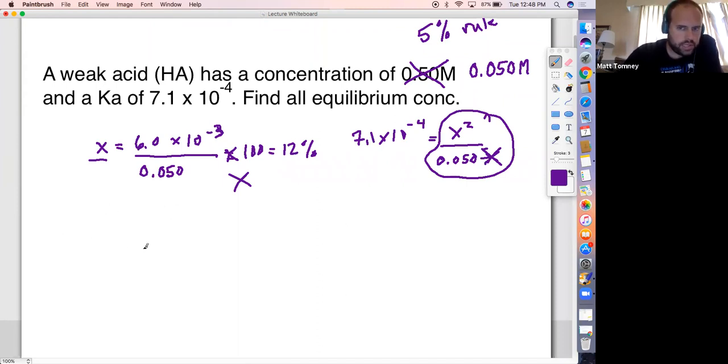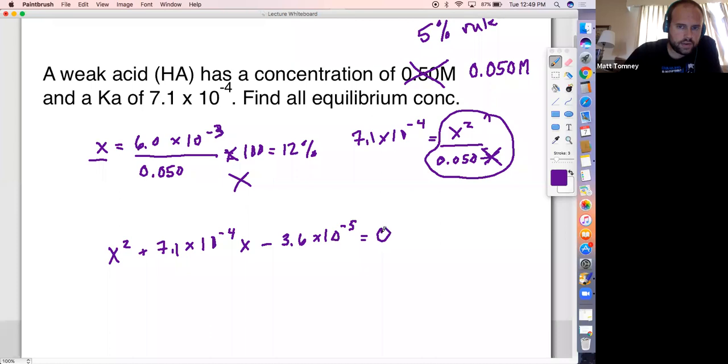Okay, if you put this together and you do your algebra, moving it up and multiplying 7.1 times 10 to the minus fourth, factoring that into 0.05 and X, what you would end up with is the following: X squared plus 7.1 times 10 to the minus fourth X minus 3.6 times 10 to the minus fifth.